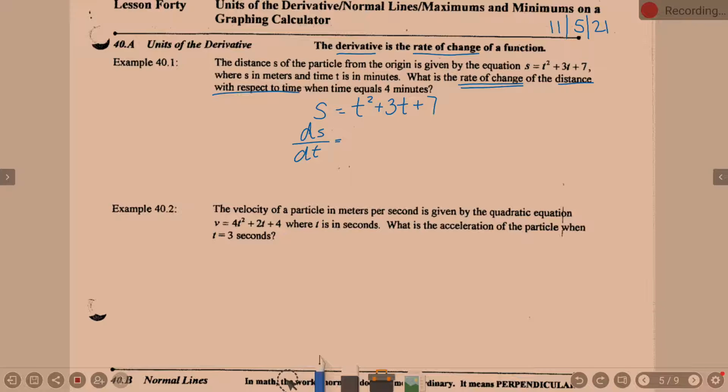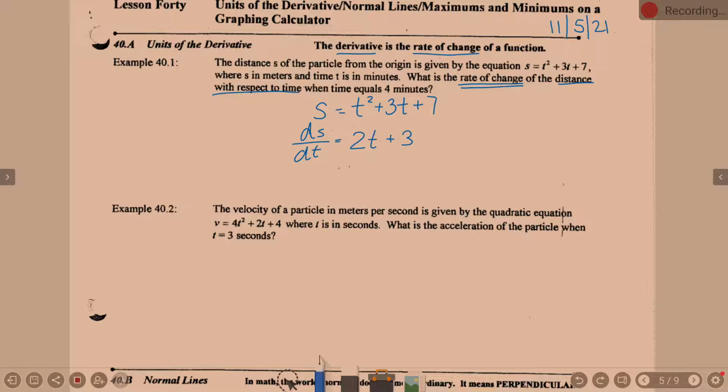What is the derivative of t squared plus 3t plus 7? 2t plus 3 plus 0 if you really want to go there, but that's unnecessary. Since time equals 4 minutes, t would equal 4. Just plug in 4.